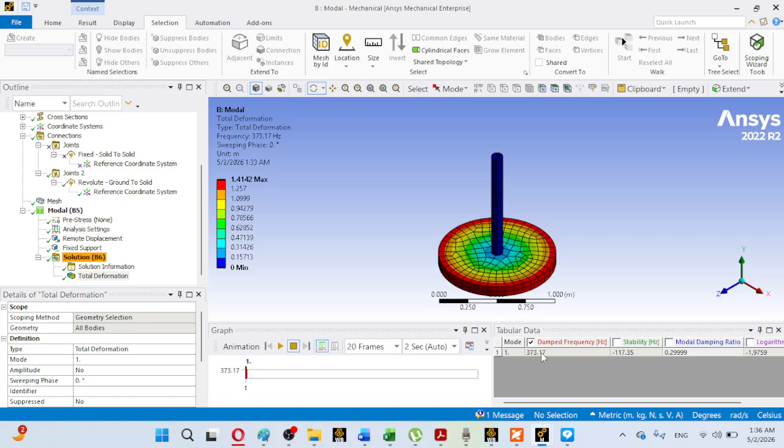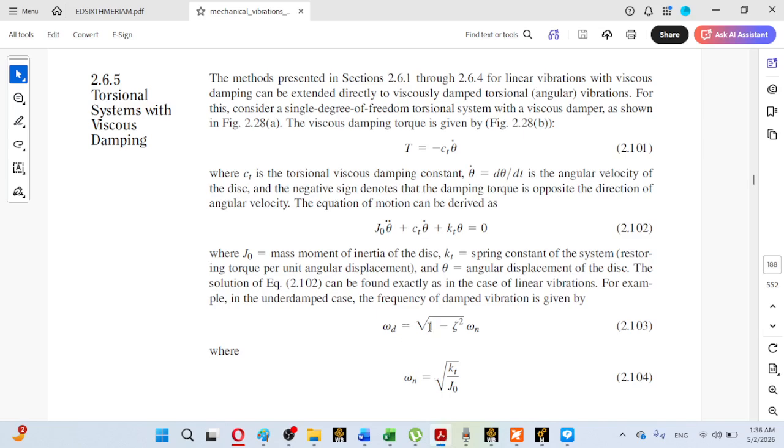For the damped frequency, you use this formula, omega d equals omega n times the square root of 1 minus 0.3 squared. When we multiplied it with omega n, which was 2475.95, the omega d that I obtained was 2361.9.